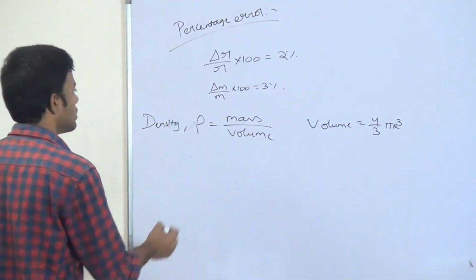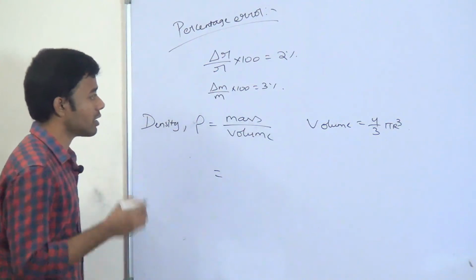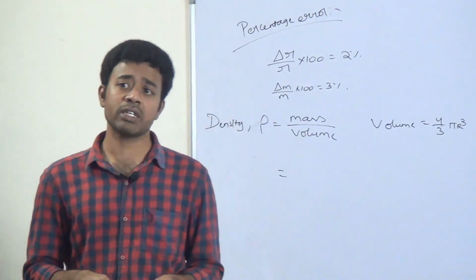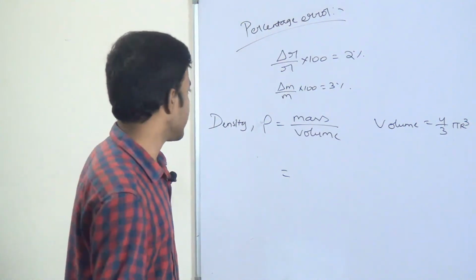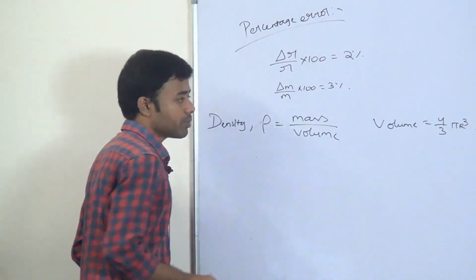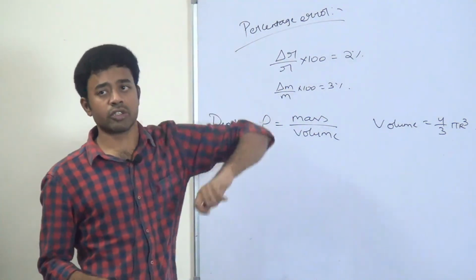So here the density equals mass by volume. If you are given any quantity in terms of the division of two quantities, you can find its error by adding the errors, as we have learned in the previous topic of propagation of errors.